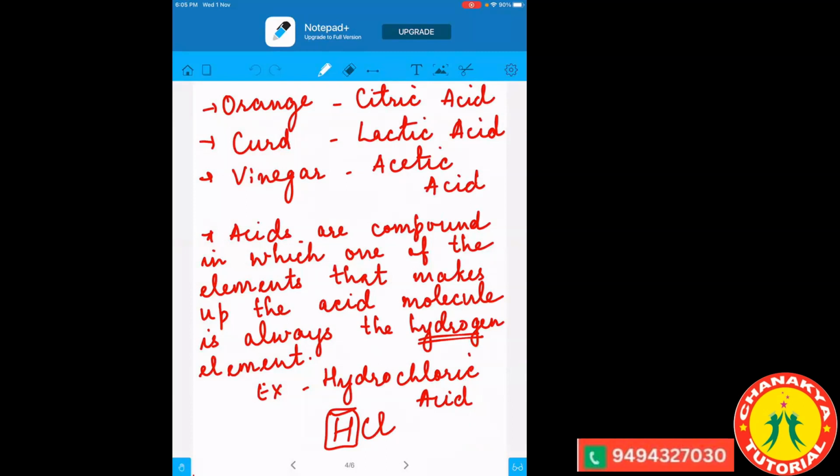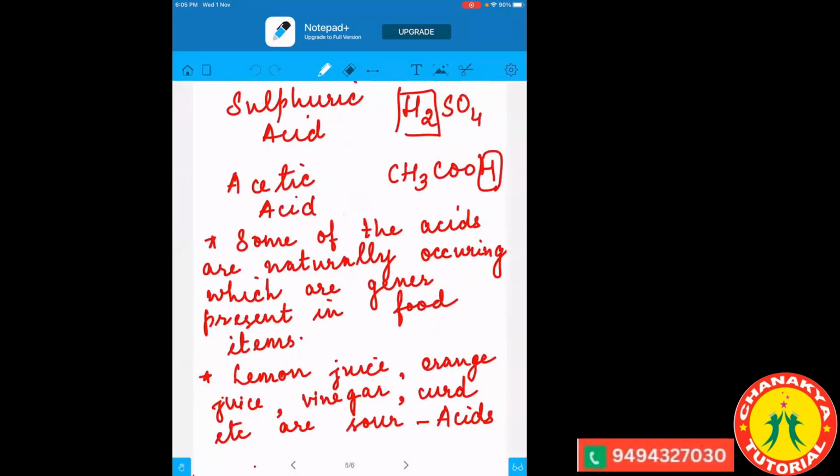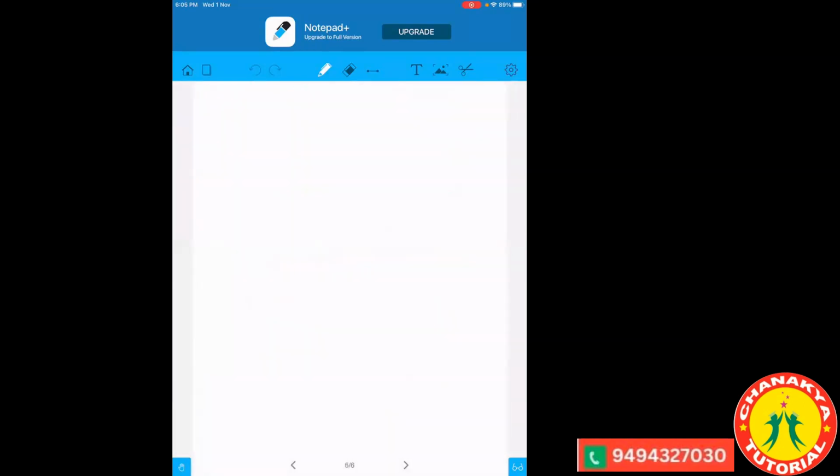Example, hydrochloric acid, in that H stands for hydrogen. Sulfuric acid, there also H stands for hydrogen. Acetic acid, H stands for hydrogen. Then some of the acids are naturally occurring in some of the food items. Lemon, orange juice, vinegar, curd, they are sour because of the presence of the acids in them.